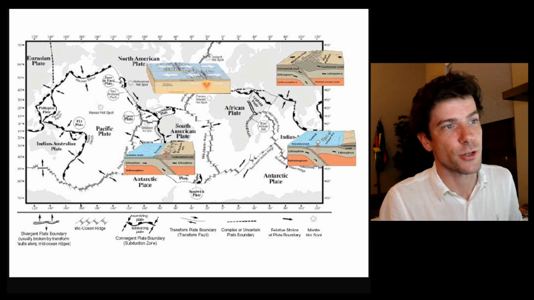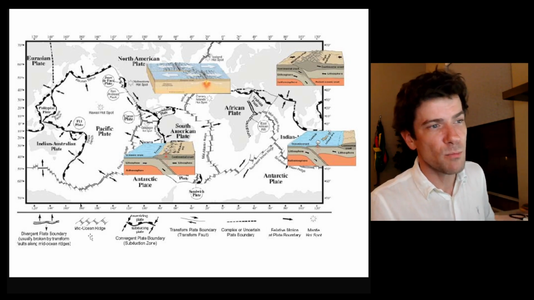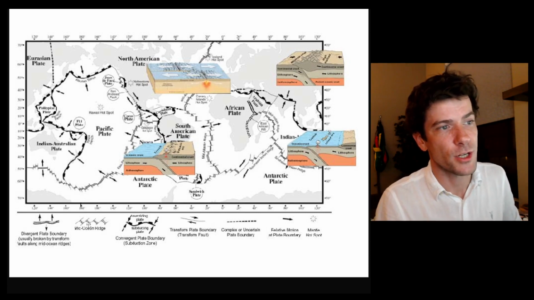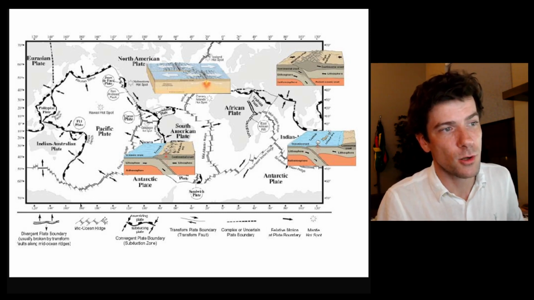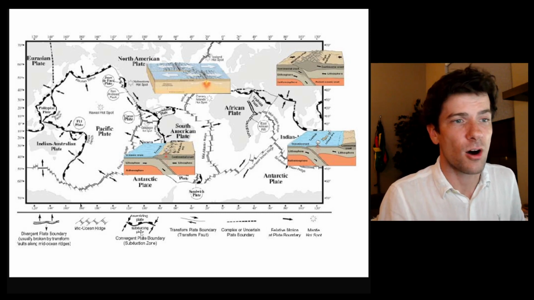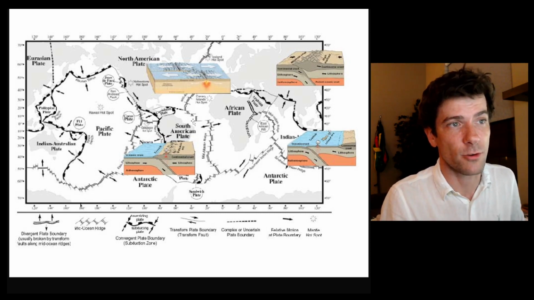The mid-ocean ridges are divergent, but all along the mid-ocean ridge, there are these small transform faults that offset it, okay? And you can see there's a big offset in the mid-Atlantic ridge right here, right? There's a big offset here that has really turned into a transform plate boundary, okay?